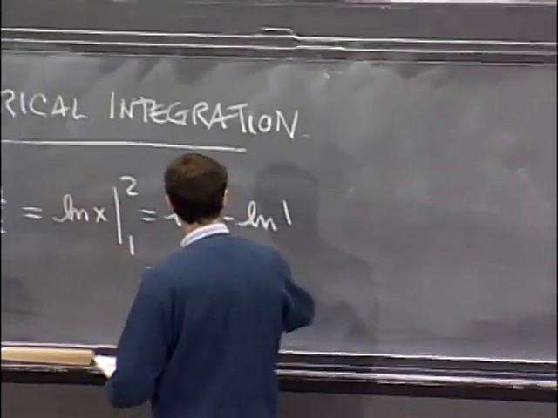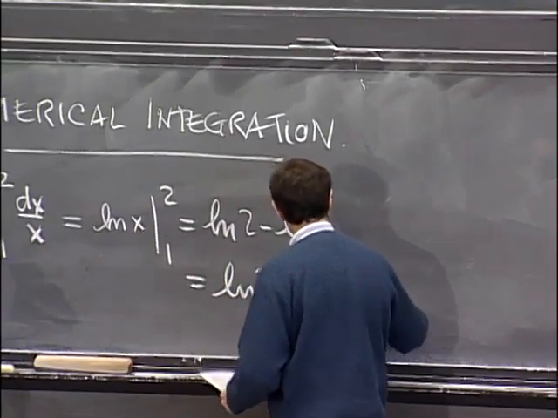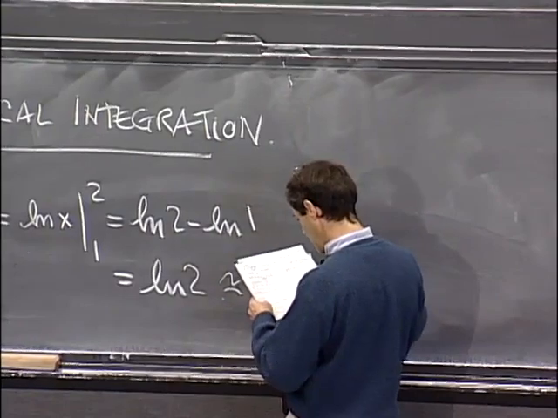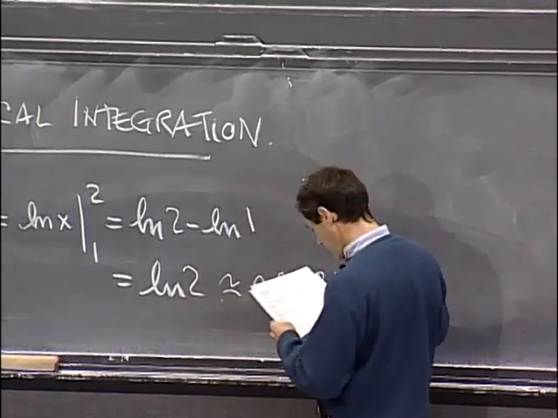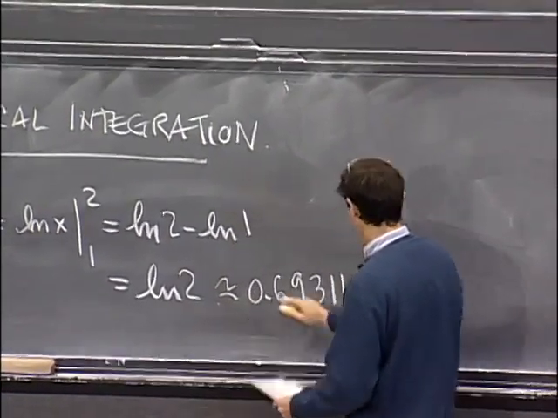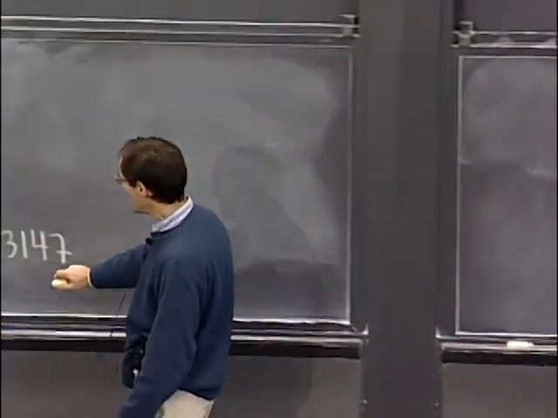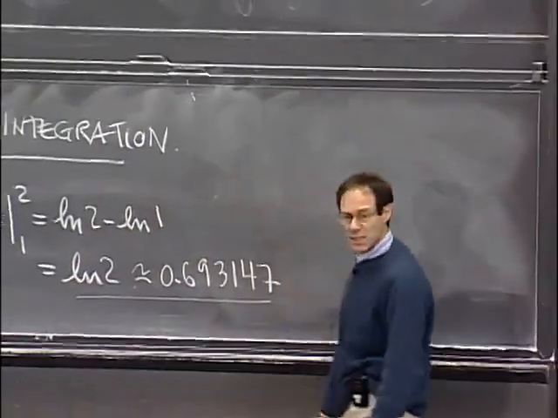It's about 0.693147. That's more digits than we're going to get in our discussion here.